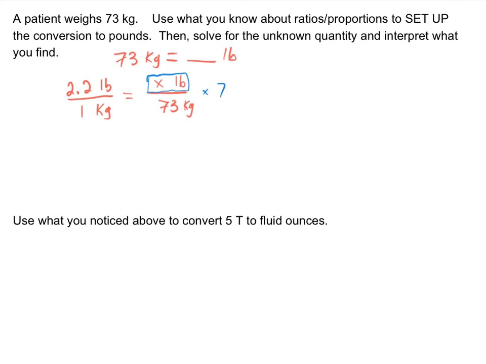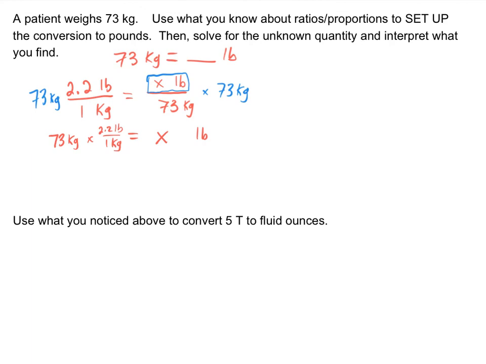So what I get on the left-hand side is just my X, and that's just pounds. And on the right-hand side, I get 73 kilograms times 2.2 pounds for every 1 kilogram. So all I did here was rearrange this, and I know if I wanted to find X, this is the expression I would need to simplify.